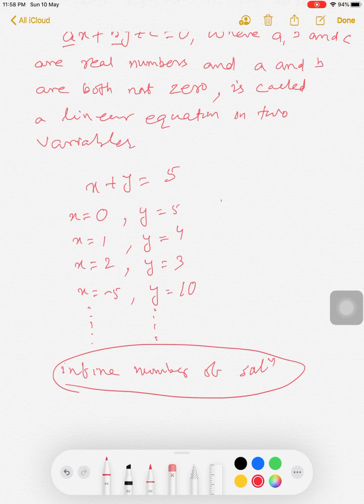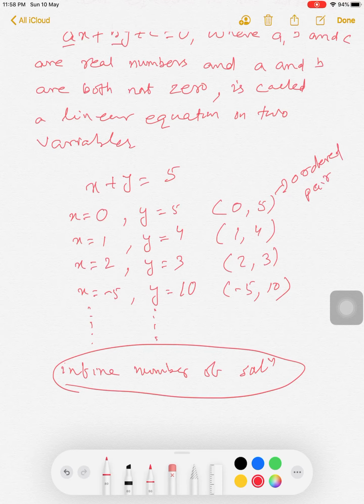Okay, we can write it as (0, 5). We can write this as (1, 4). We can write (2, 3). We can write (minus 5, 10), like this. Here we call it an ordered pair. So what does it mean?